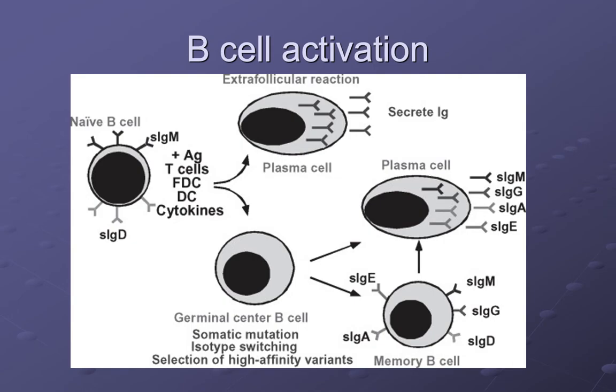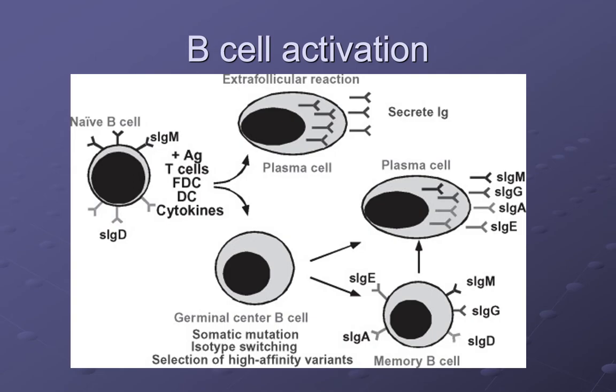Normally, this happens in secondary lymphoid organs or tissues, where under the influence of additional signals provided by the lymphoid microenvironment in the form of other cells, like antigen presenting cells and stromal follicular cells, B cells become activated and they can enter either the extrafollicular reaction, which I mentioned a while ago, or they can undergo further specialization. They can go to the germinal center.